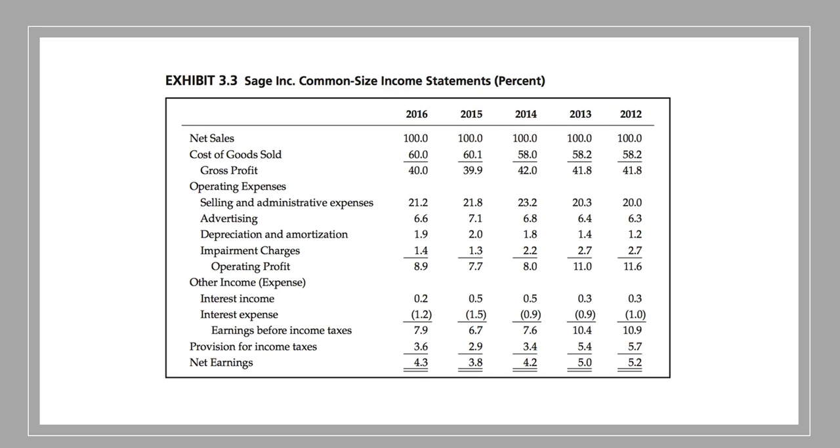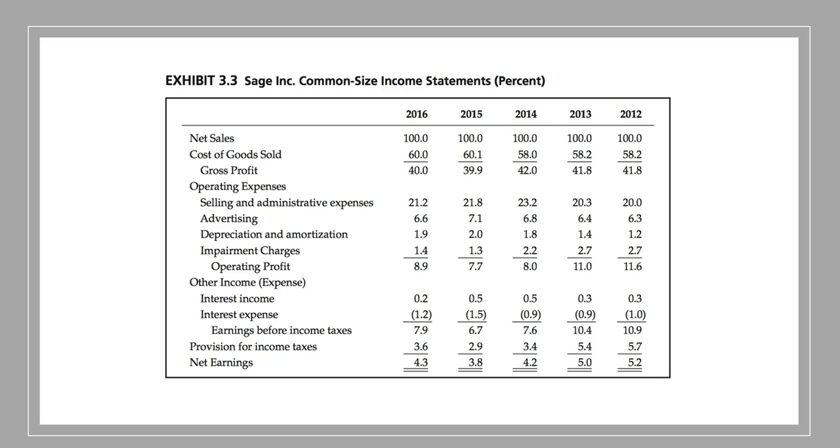All right, then you get down to operating expenses, and these are each percentages of net sales. And so you can look across the years from 2012 through 2016, and you can look to see whether the relationships have changed. So this is relative. These are relative numbers. So everything is relative to 100% net sales.